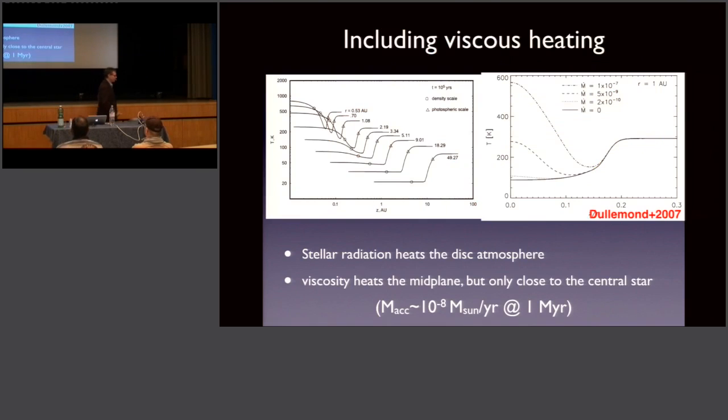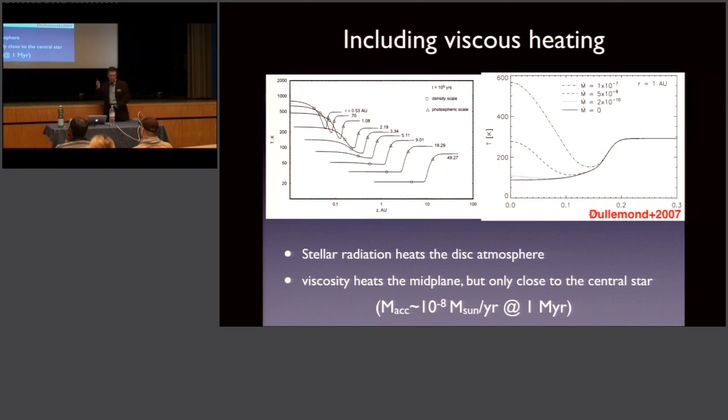Okay, what happens if you have accretion? If you have accretion, as Phil said, you have an additional source of heating, and this is an example of how important this may be in the disk. If you go from the inside of the disk to the outside, this is the radius in astronomical units, this is the scale height, the distance from the midplane, and this is the temperature.